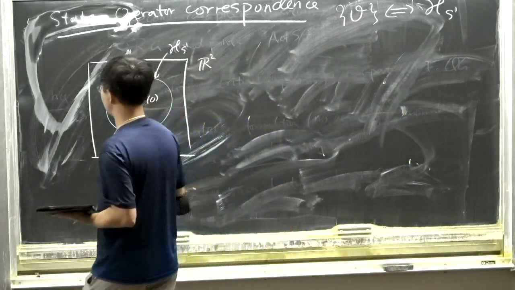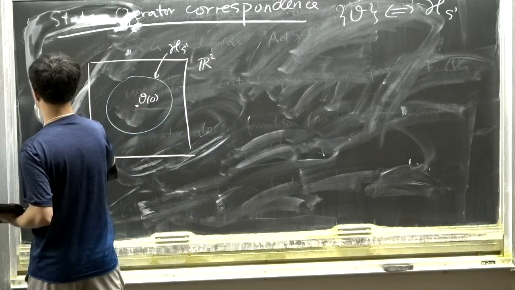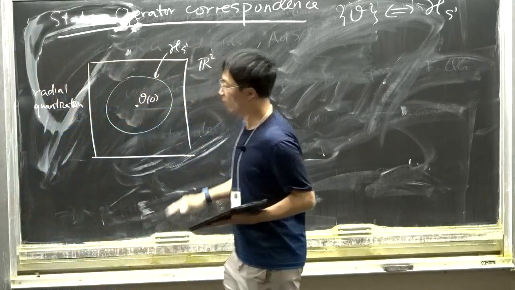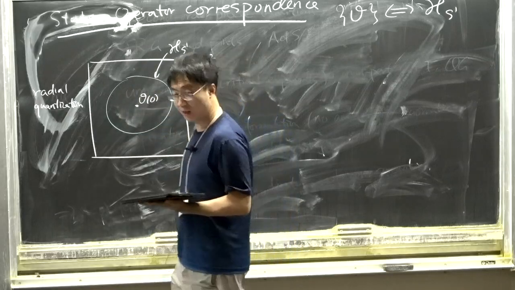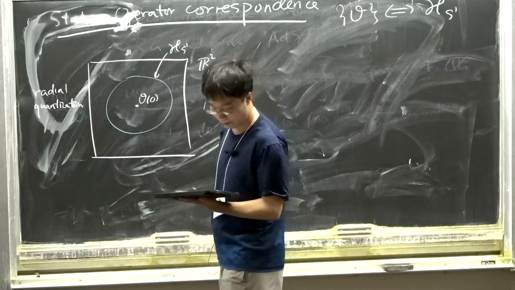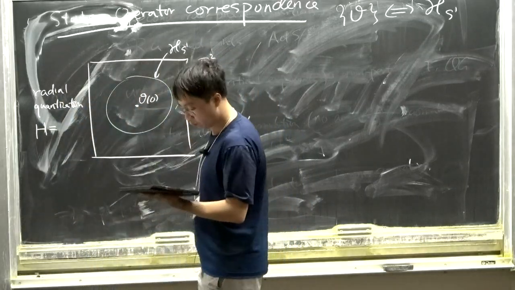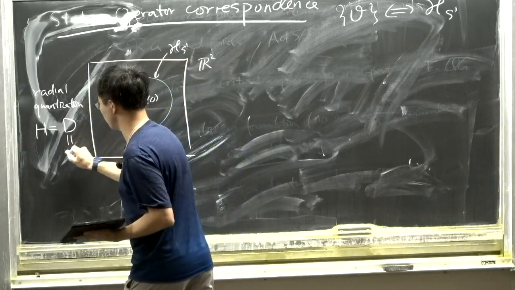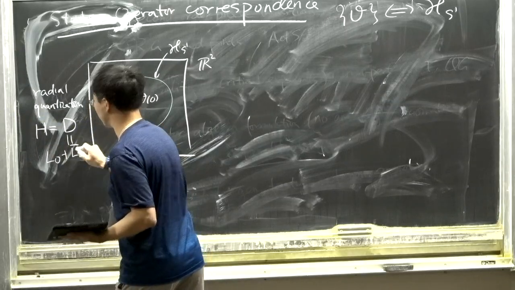This picture is also known as radial quantization, because the Euclidean path integral on this disk implements the time translation in the radial direction. It corresponds to taking the Hamiltonian that implements the time evolution according to the dilatation operator, which, as we'll see, will be related to the Virasoro generators L0 and L0 bar in this way.